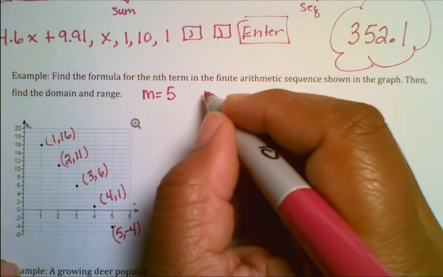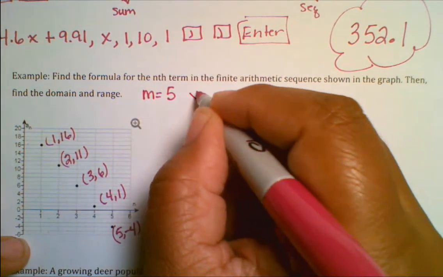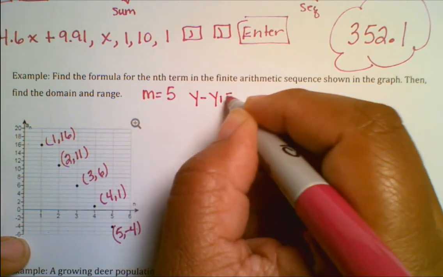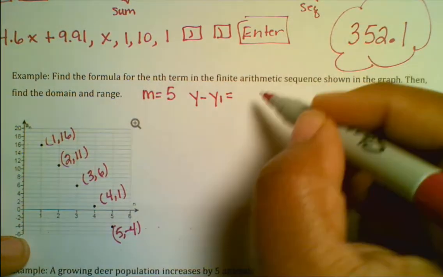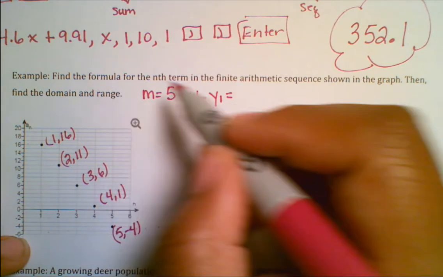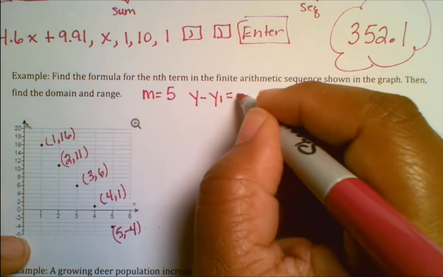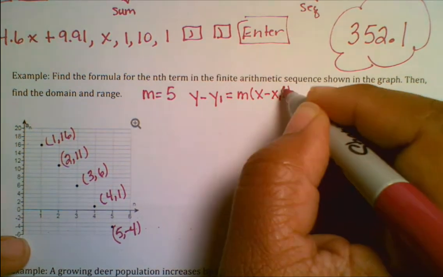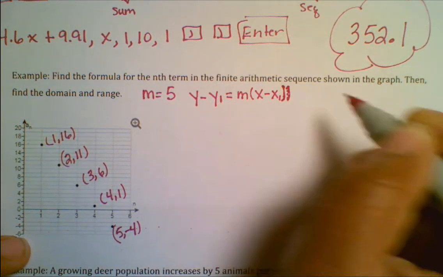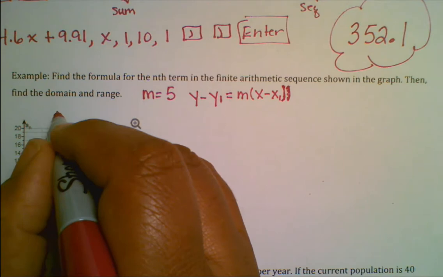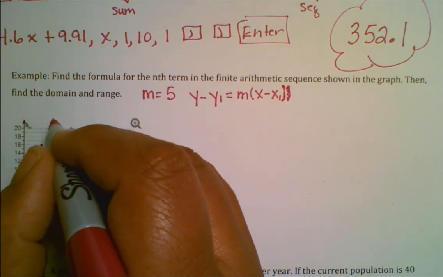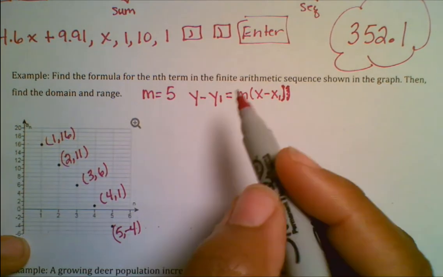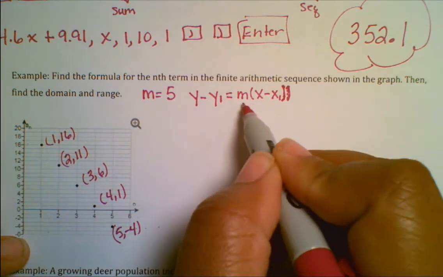And then we're going to use the point slope formula so we can create this equation or formula. We have a slope m.